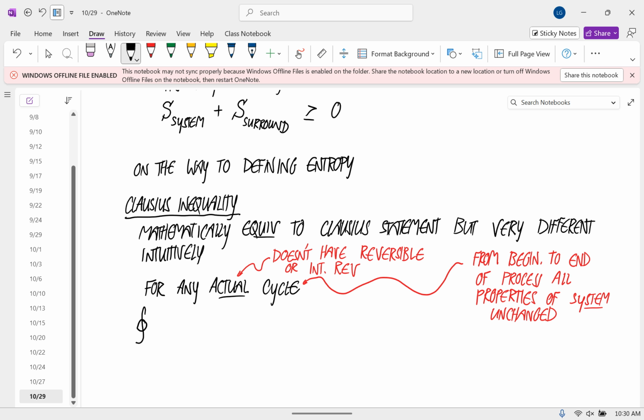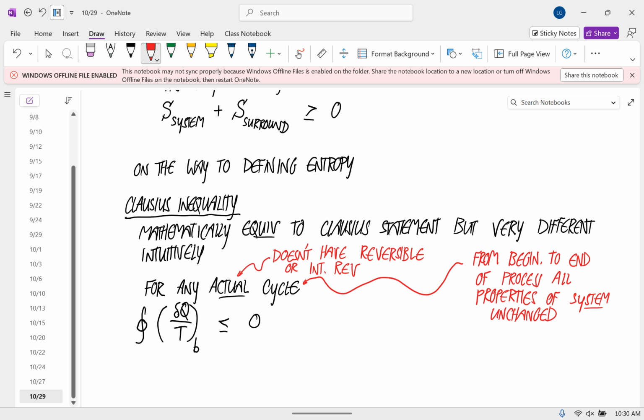We're talking about a cycle of heat exchanged divided by the temperature where that heat is exchanged across the boundary. And if we do this for the entire boundary, this has to be less than or equal to 0.